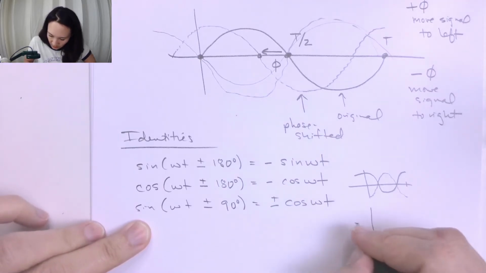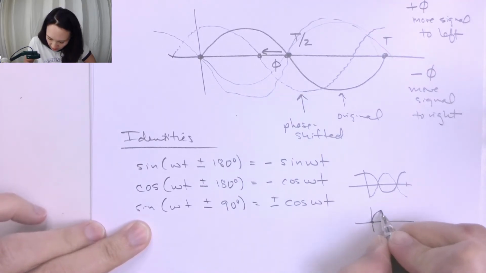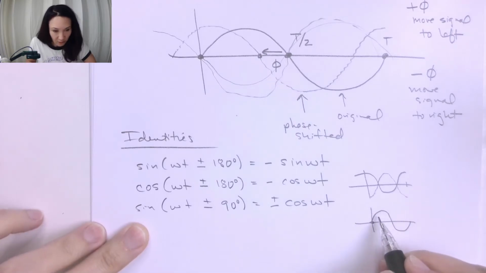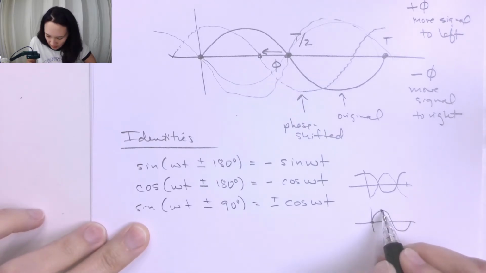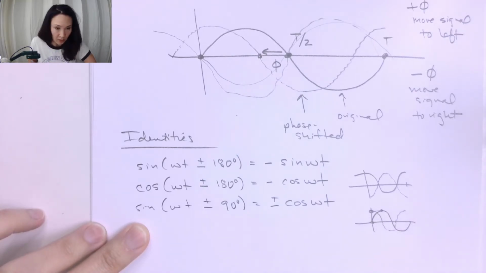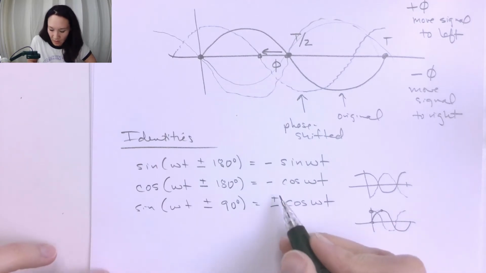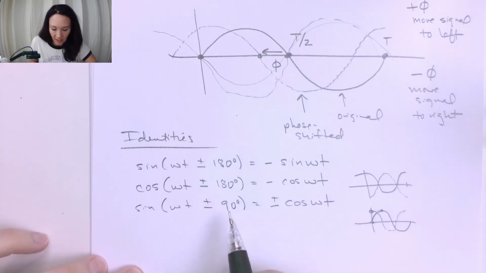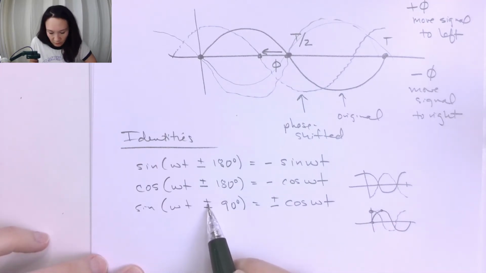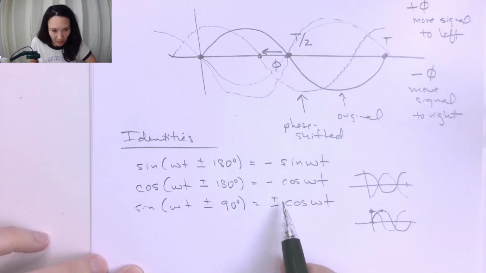So if we start with a sine that starts here at 0 and goes like this, if we phase shift by 90 degrees, then this peak here is now going to be starting right there, just like the cosine would. Okay, so it becomes a cosine. This plus or minus indicates that if we phase shift by positive 90 degrees, we'll have a positive cosine. If we phase shift by minus 90 degrees, then we'll have a negative cosine.